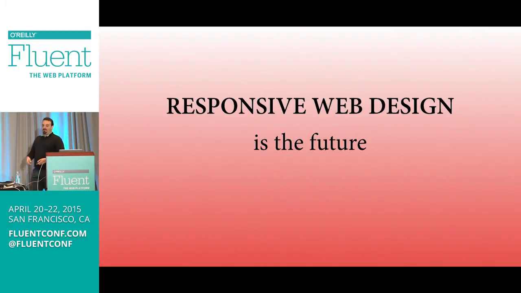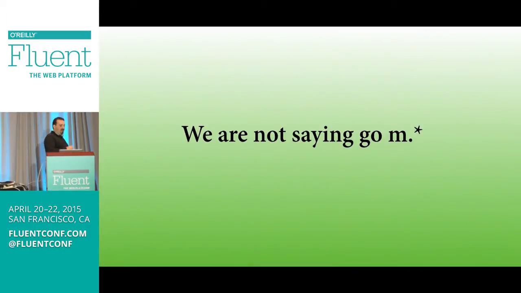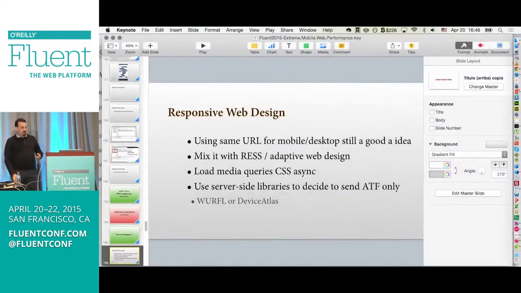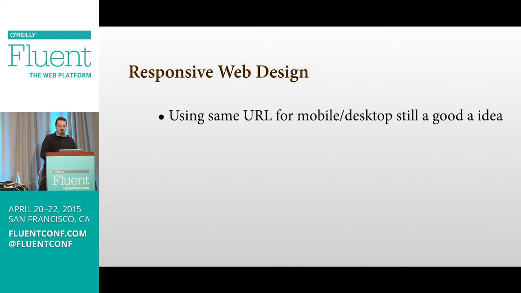But you can say, hey, but responsive web design is the future, right? Everything is talking about responsive web design. Well, I'm not saying that you should create another URL, right? A separate mobile version. Because using the same URL is still a good idea because we are using social networks, we are sharing things on the net, on Facebook, on Twitter, and I don't know what device my friends will have.